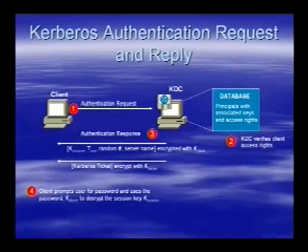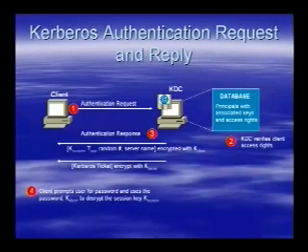So the KDC has this whole database of principals, which is basically entities that it has shared keys with, and their associated keys and also access rights. So what are they allowed to do? So what ends up happening for a Kerberos authentication is that the client sends an authentication request. The key distribution center, the trusted third-party server, verifies the client access rights, like is it even allowed to do what it wants to do.